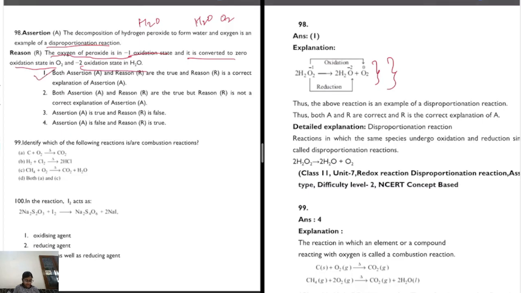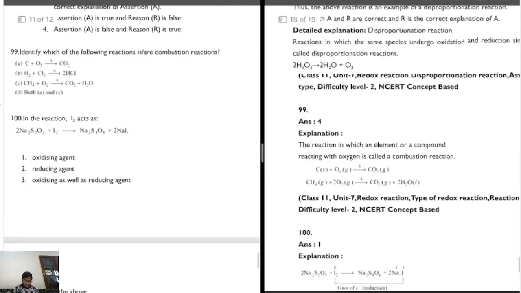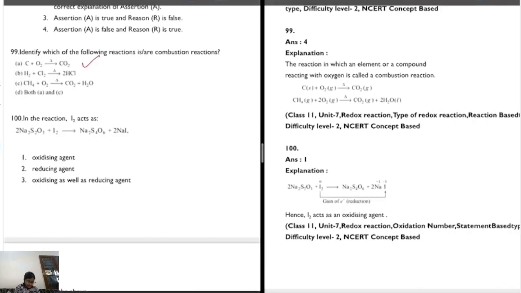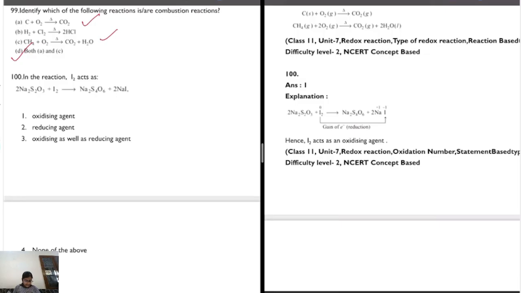In the next question, identify which of the following reactions is a combustion reaction. Okay, so in a combustion reaction, as I mentioned earlier, the element will be combining with oxygen. So in this case it is true and in this case, therefore A and C is the answer. Let's see the last question. In the reaction I2 gives X, see, this is the reaction given.